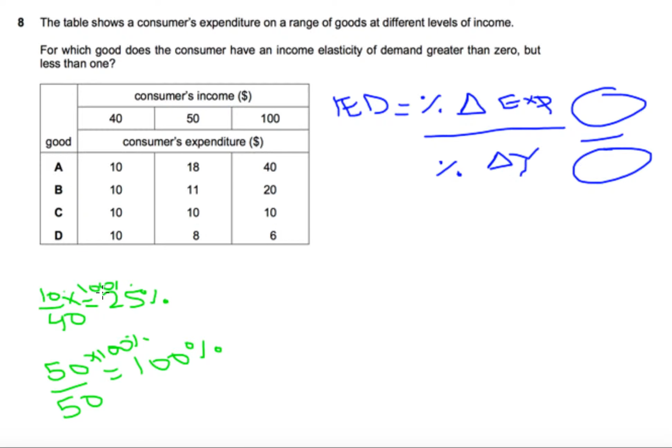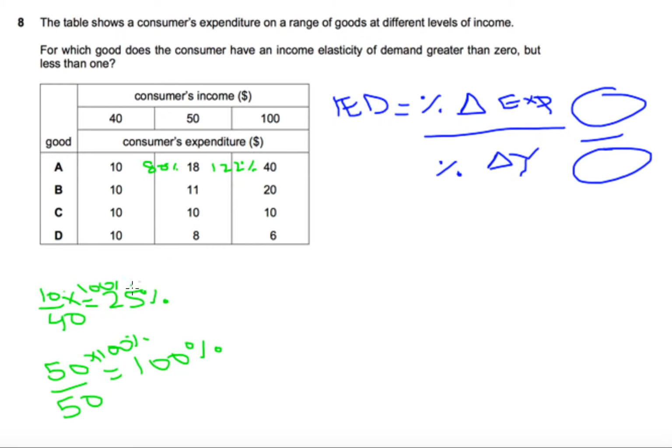All right. Now look at option A. In option A, the expenditure first goes from 10 to 18, which is a percentage increase of 80%, and then from 18 to 40, which is a percentage change of 122%.